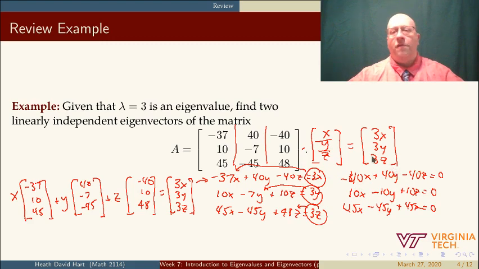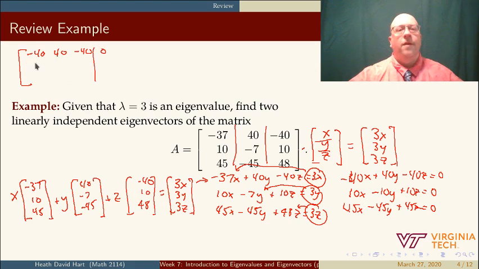And we can solve this with an augmented matrix: negative 40, positive 40, negative 40, 0; 10, negative 10, 10, 0; 45, negative 45, 45, 0.